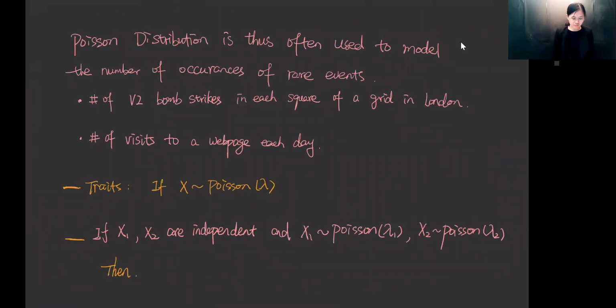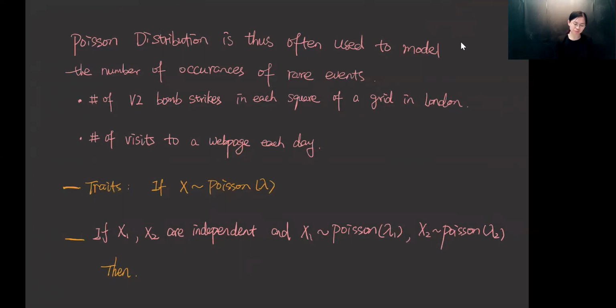The Poisson distribution is often used to model a situation just like the emergency room arrival that we talked about. And it's used to model the number of occurrences of events, of rare events usually, because if it's not rare events, then the p is not approaching 0 with n.